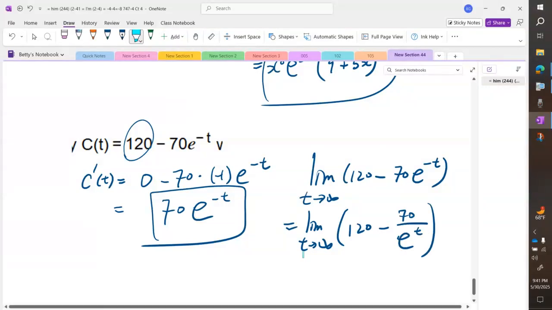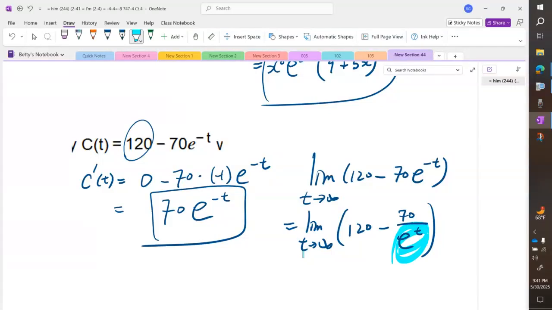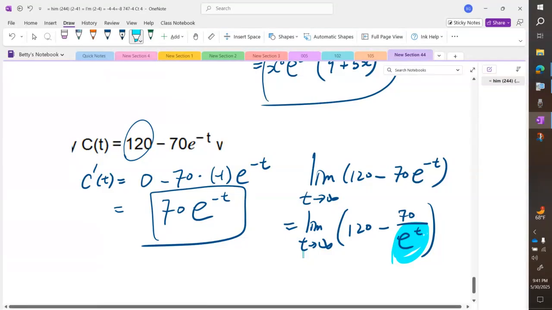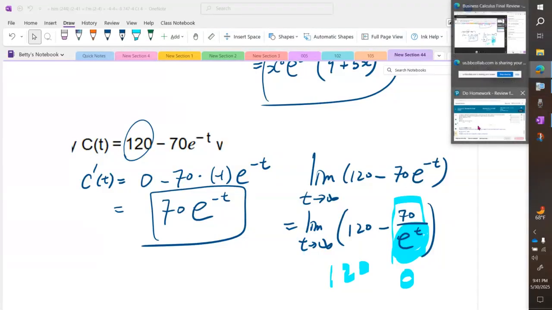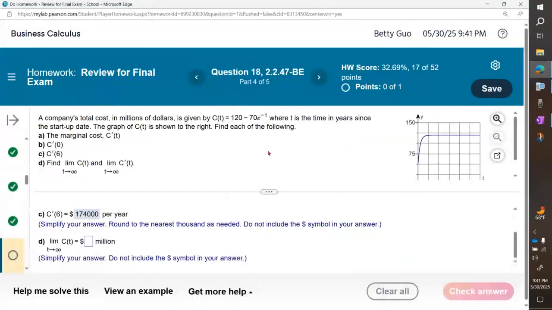When t approaches infinity, the numerator is a constant, the denominator approaches infinity, so this quotient approaches 0. 120 minus 0 is 120. So the limit is 120.